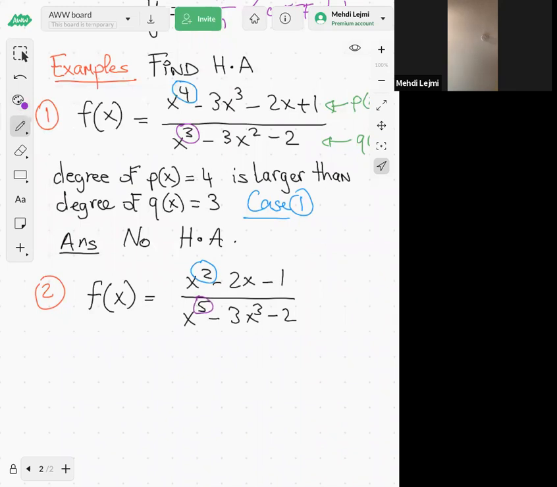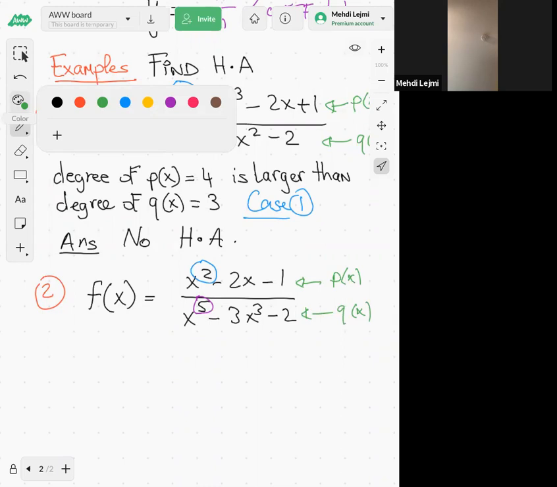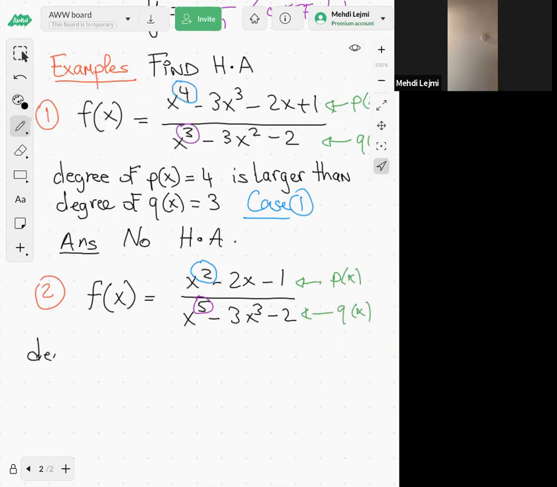This is my p of x, this is my q of x. So the degree of p of x is 2, which is less than the degree of q of x at the bottom, which is 5.